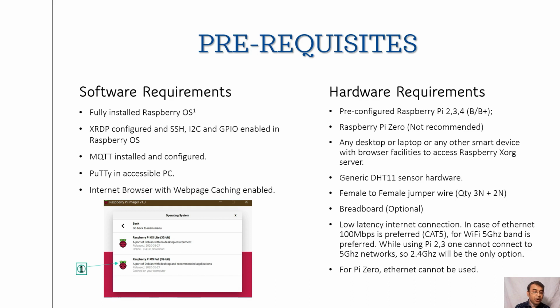Any desktop or laptop or any other smart device with browser facilities to access the Raspberry Pi XRDP server. A generic DHT11 sensor, female to female jumper wires, and a breadboard, which is optional. Low latency Ethernet. For Pi 0, Ethernet cannot be used.